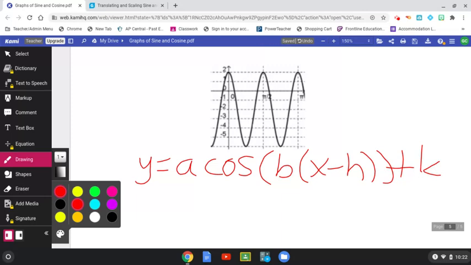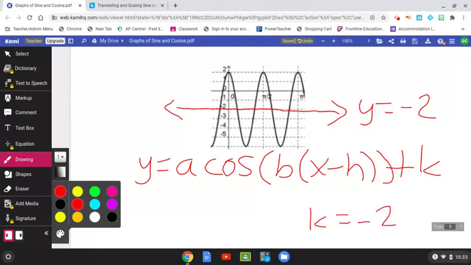But this time the graph appears to be shifted down. All you have to do is locate the middle of the graph, and it looks like the midline would be y equals -2. So because my midline is y equals -2, k equals -2.